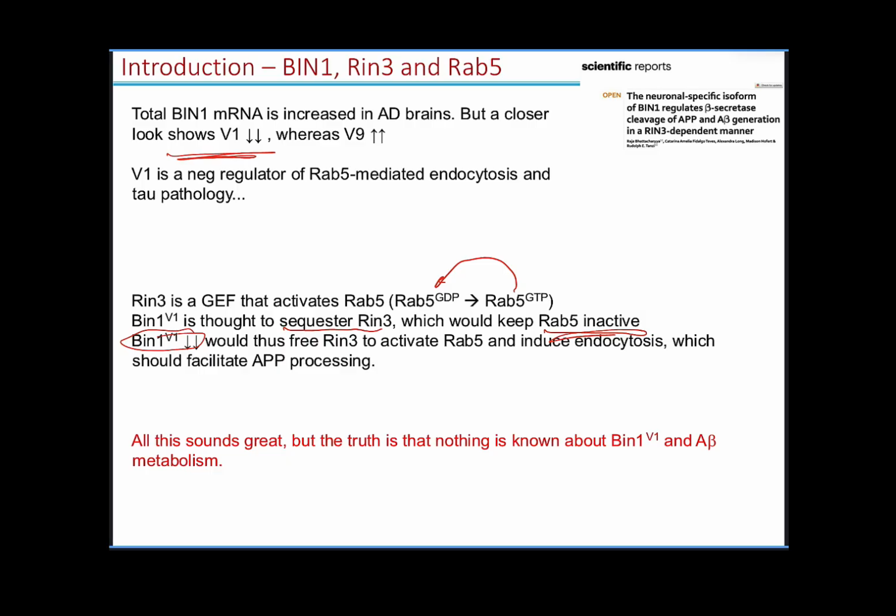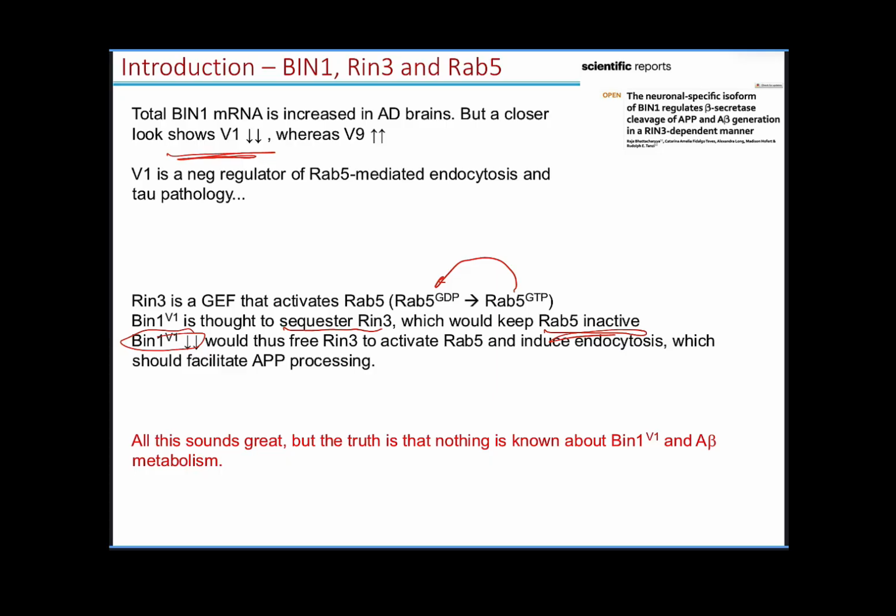So all of this sounds great, but the truth is that nothing is known about what BIN1-V1, the V1 isoform, I should say, does in A-beta metabolism. And that's what this paper is addressing. Right? So it's a very important question that is outstanding in the field. We know that BIN1 is really important for the epidemiology of AD progression, particularly the sporadic form.